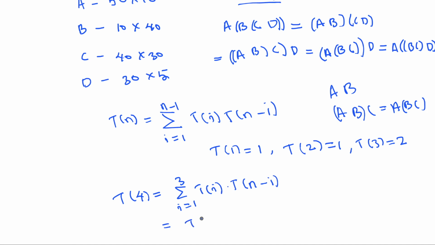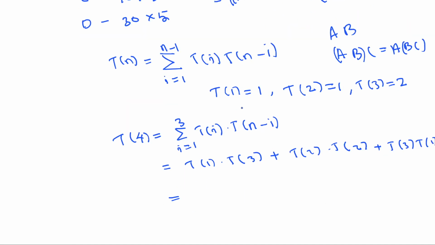So first one will be T of 1 into T of n minus 1, which is 4 minus 1, that is T of 3, plus T of 2 into T of n minus 2, that is 4 minus 2, which is 2, plus T of 3 into T of 4 minus 3, that is T of 1.